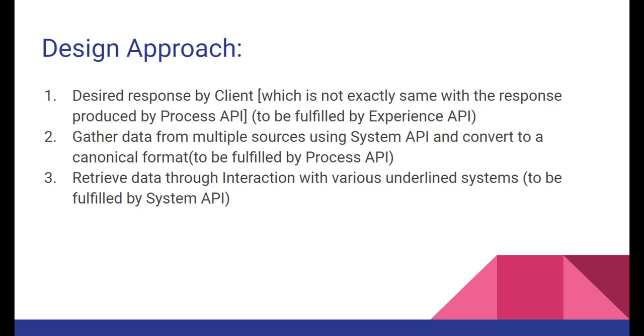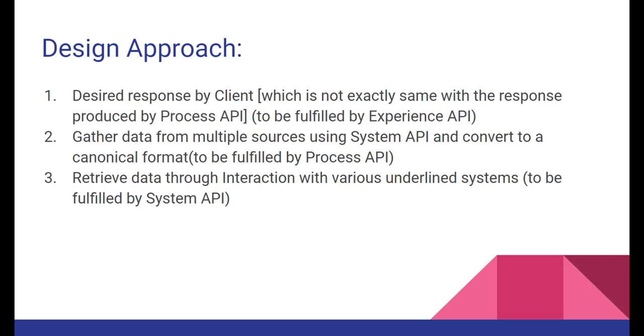The client has a specific format of response, and we need to follow that to send the response to the client. This conversion from the canonical format, which is the output of the process API and the input to the experience API, is something we have to fulfill using the experience API.